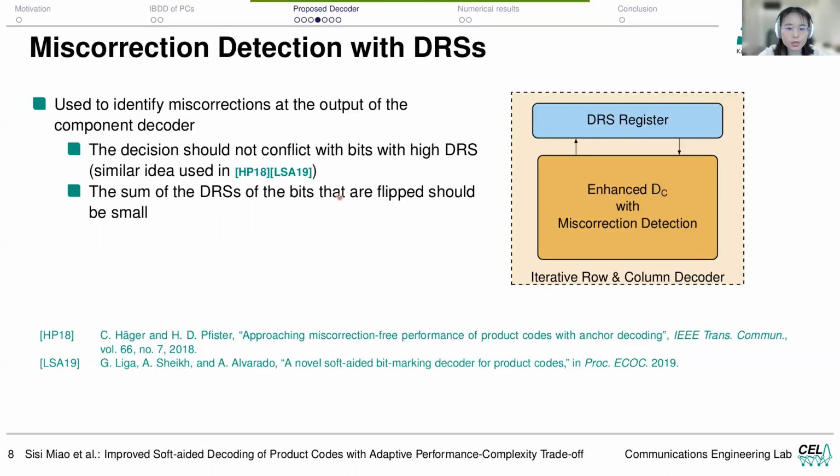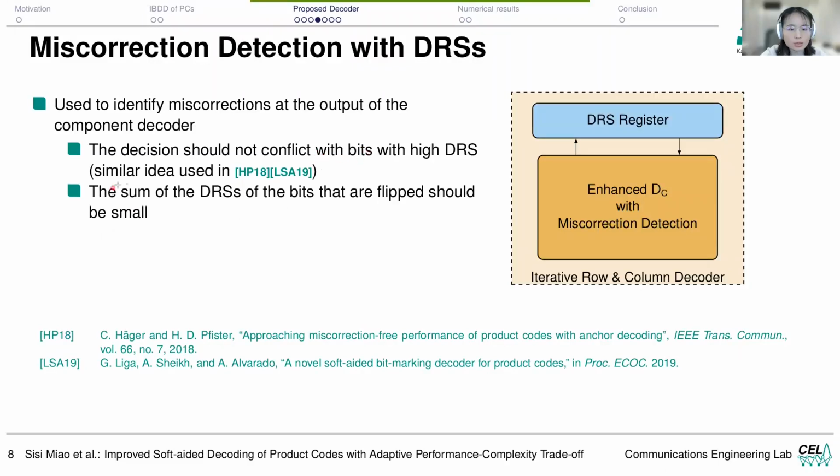We have 2 criteria to detect miscorrections using the DRS. The first thing is the decision. If it's correct, it should not conflict with bits which are highly reliable, or with high DRS. Similar ideas have been used in previous work as well, and it's very effective.